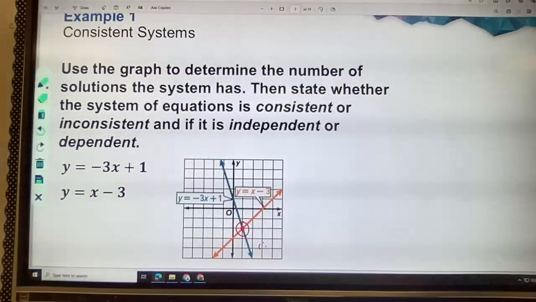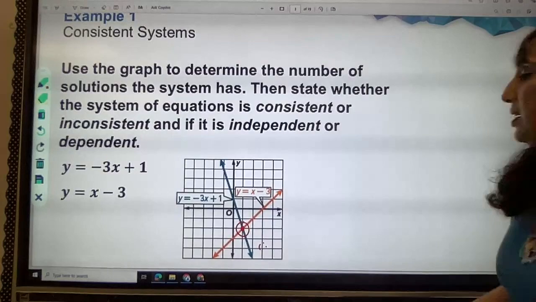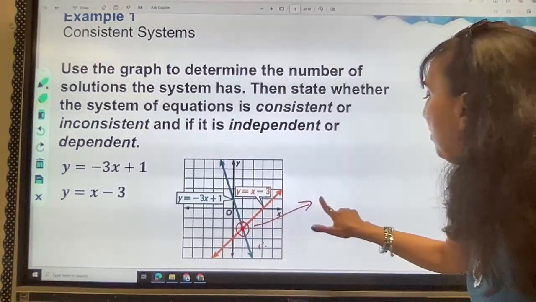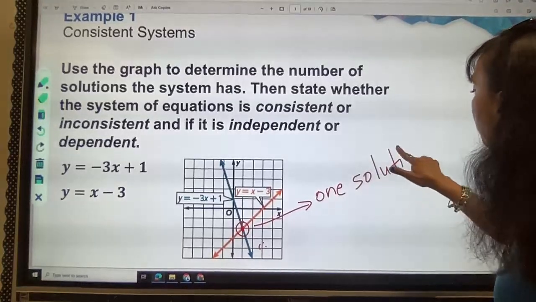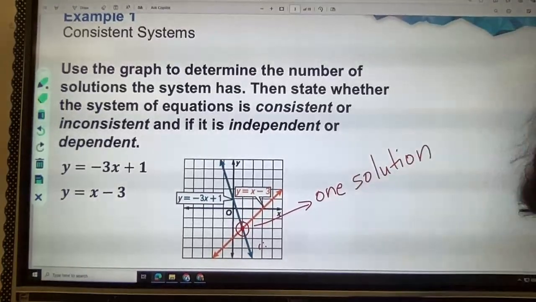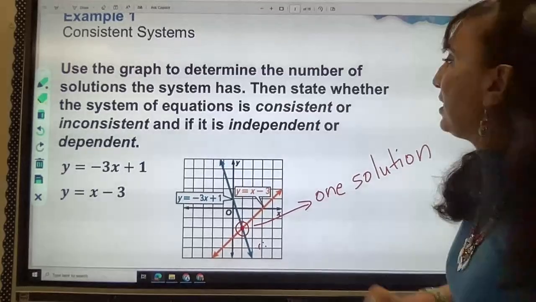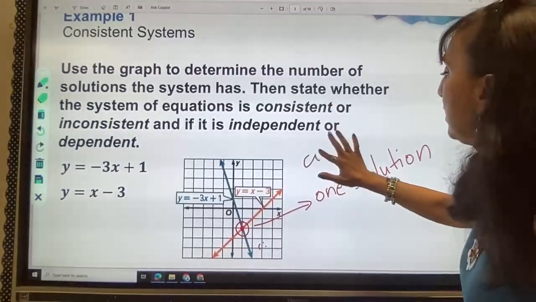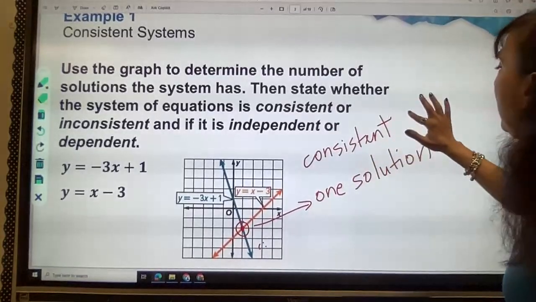Okay, so these two lines intersect at one point, and so this is telling me that there is only one solution. Therefore the system is consistent, and it is independent.